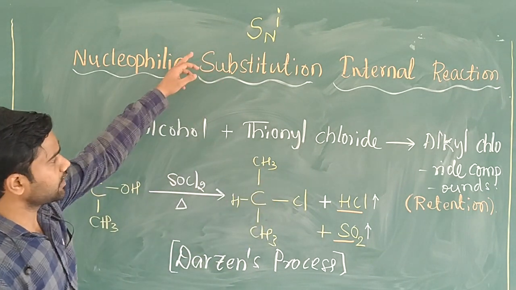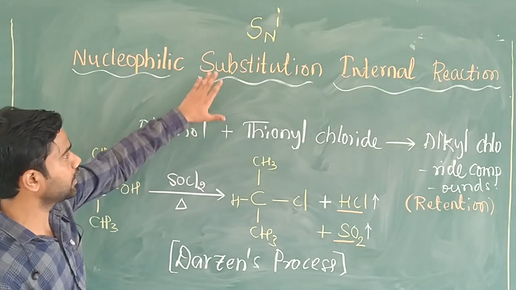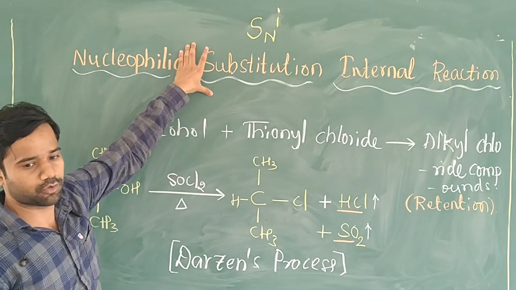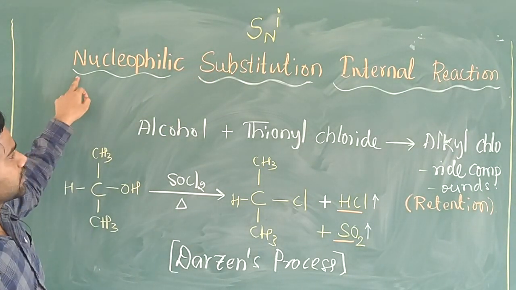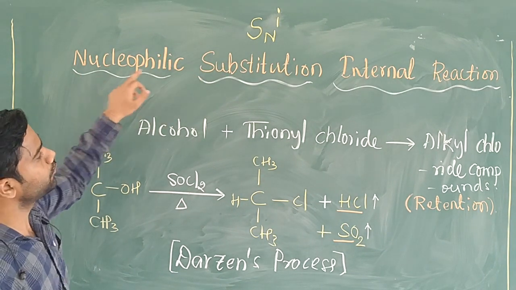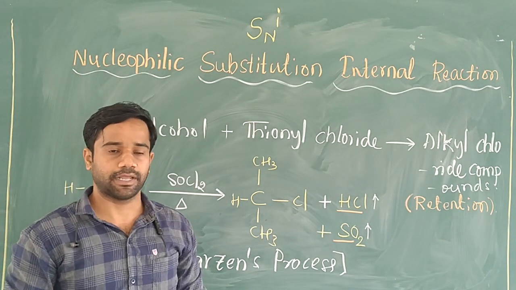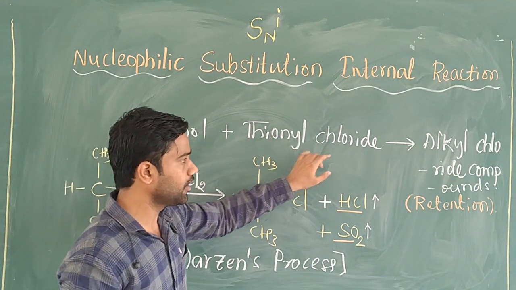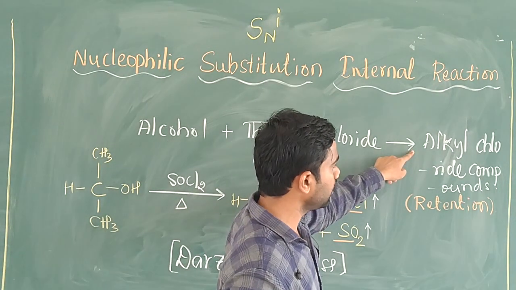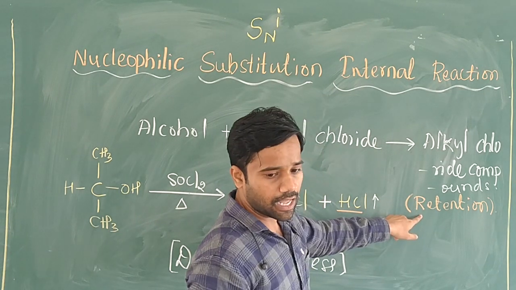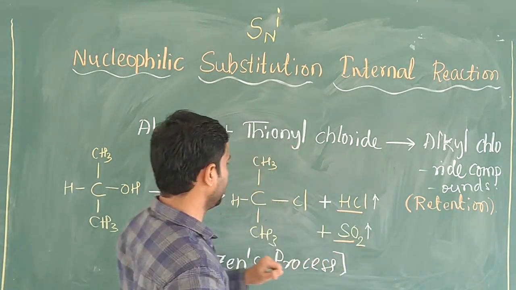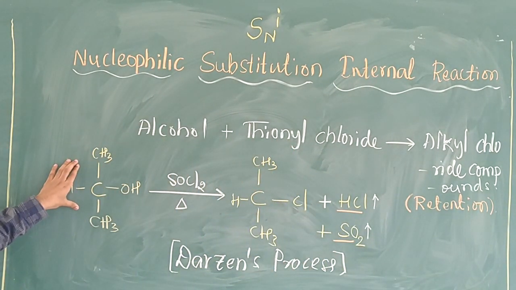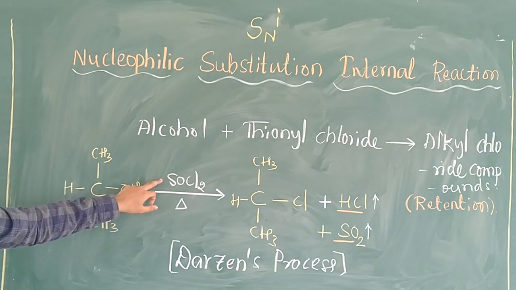Remember this, the Darzan process follows the SNi mechanism. What is SNi? Here SNi stands for the internal nucleophilic substitution type of mechanism. In this case, we are considering the alcohol plus thionyl chloride. We are going to form the alkyl chloride compound, which is a retention type of product here. We are heating the alcohol with thionyl chloride.